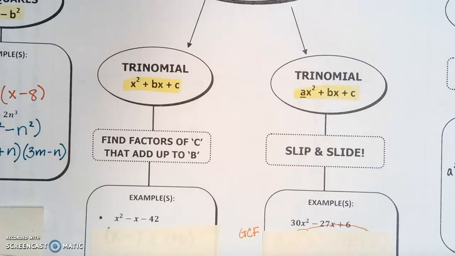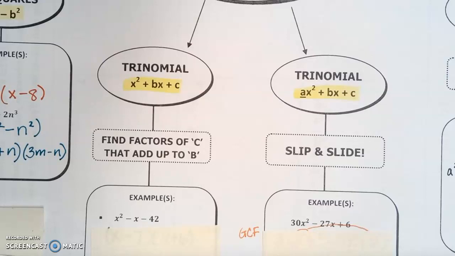It generally has a leading coefficient of 1, where you're going to find the two numbers that multiply to get your C, but add or subtract to get your B. So for the first example, we have x squared minus x minus 42. This one I would consider easily factorable. There are two numbers that multiply to get negative 42 and add to get negative 1.